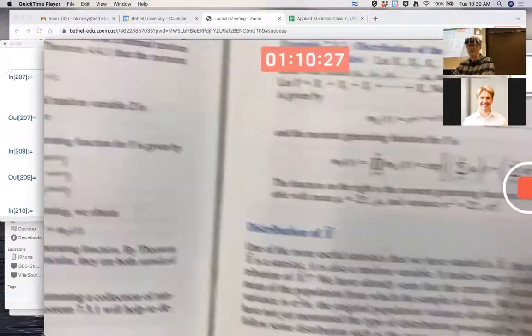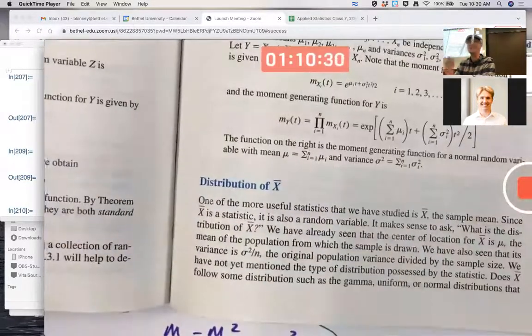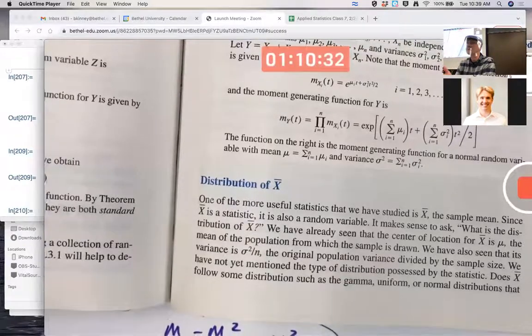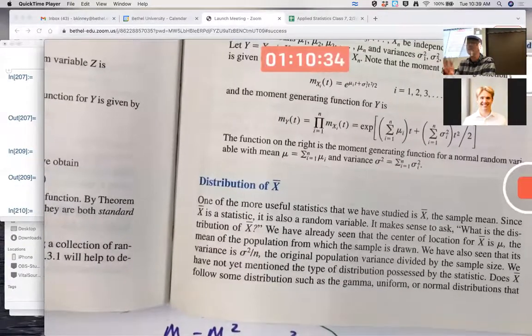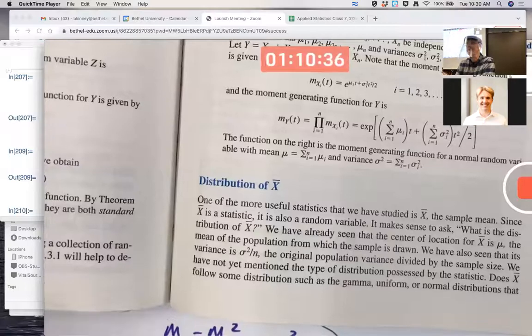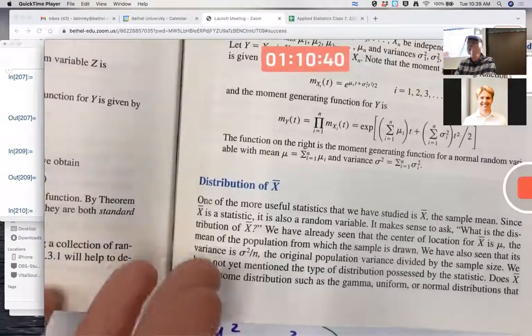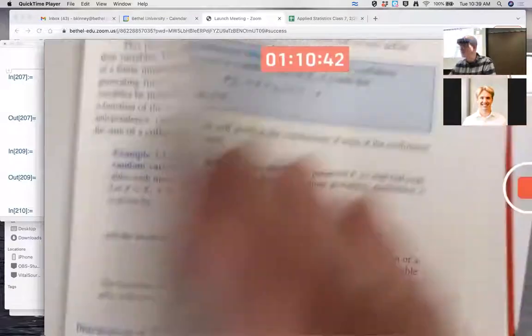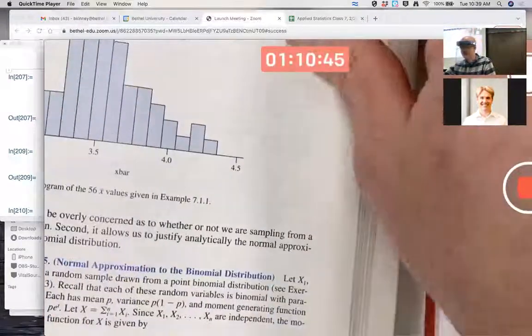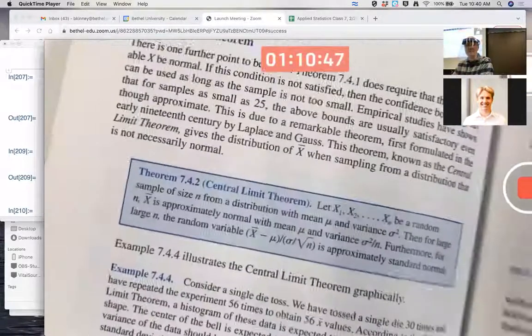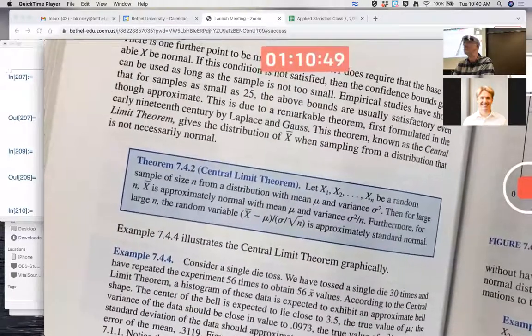And in particular, the distribution of x bar. We know its mean and its variance, but what's its actual distribution? If x is normal, x bar turns out to be normal. And more generally, even if x is not normal, the central limit theorem implies that x bar is approximately normal when n is large.